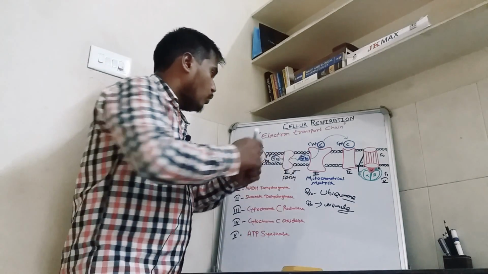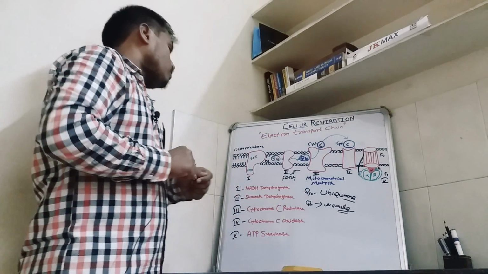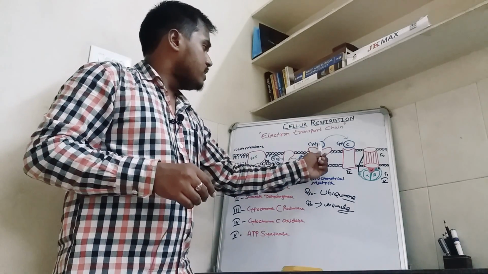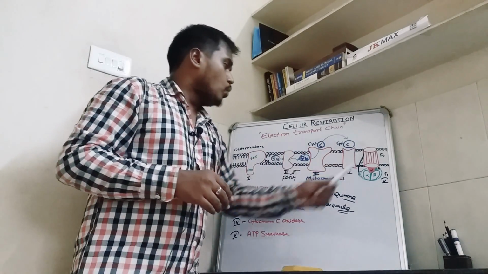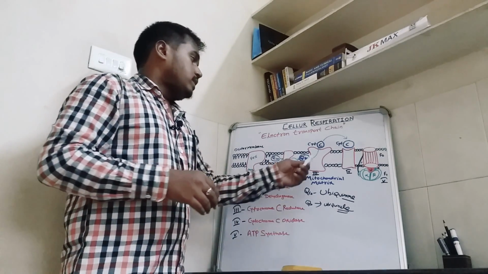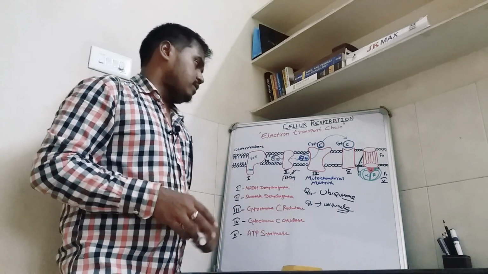So Q10 will give electrons to cytochrome C. From complex 3, cytochrome C carries the electrons to complex 4, which is called cytochrome C oxidase. So this is cytochrome C reductase and this is cytochrome C oxidase.